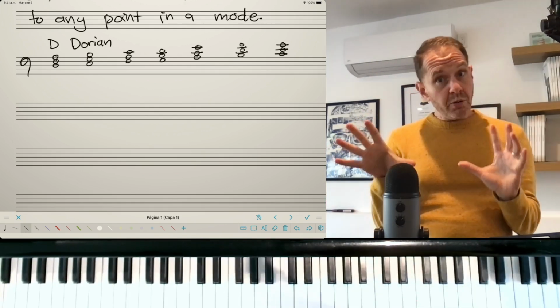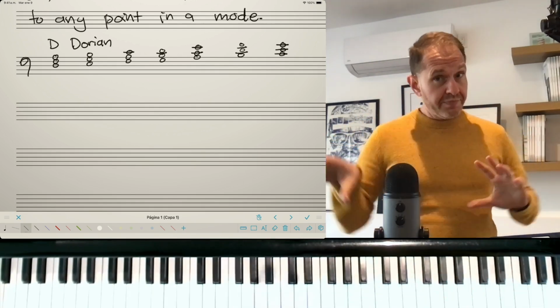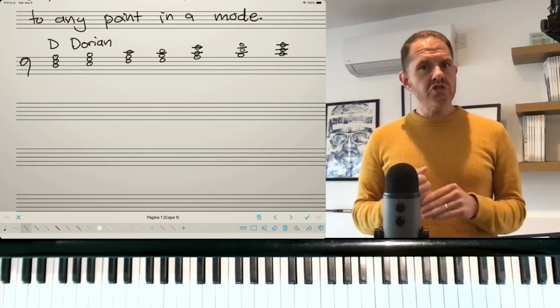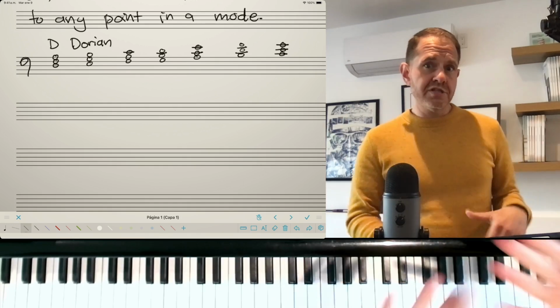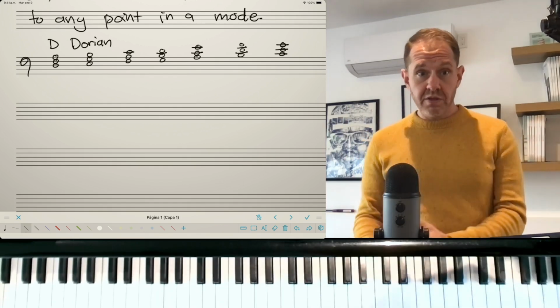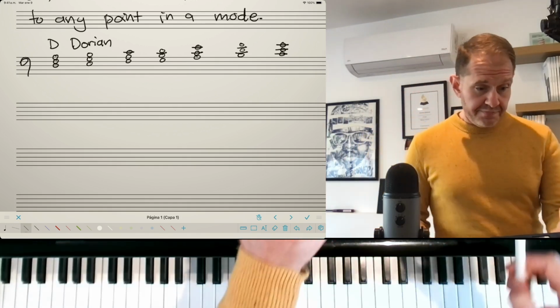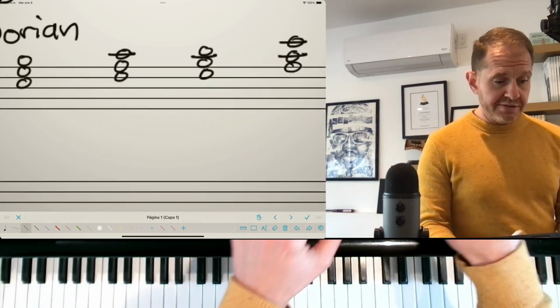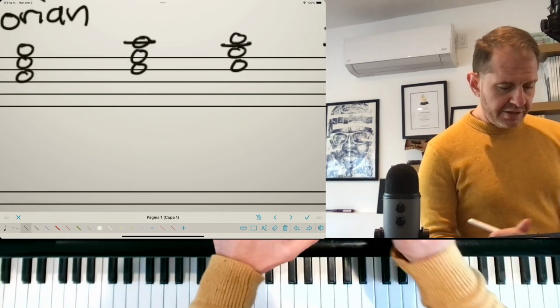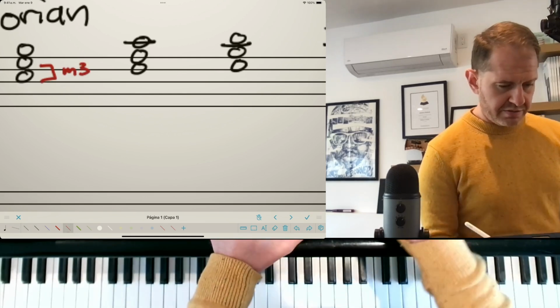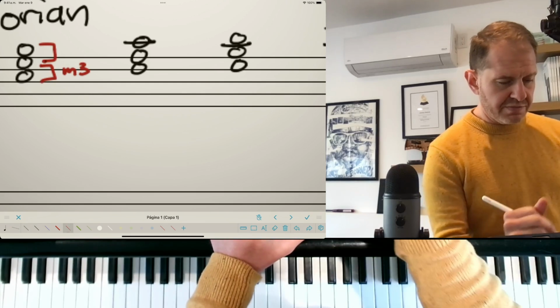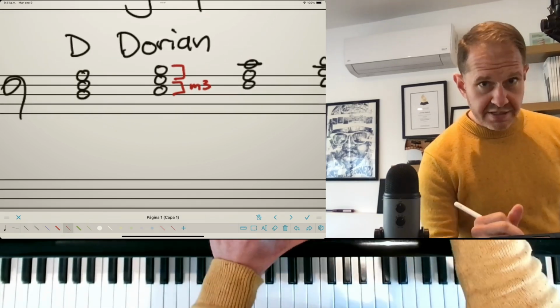Now, what's really important to realize here, so important, is that the nature of the intervals changes a little bit from chord to chord, or, I should say, voicing to voicing. So, for instance, in this chord, E to G is a minor third, and then G to B, remember we're in bass clef here, is a major third.